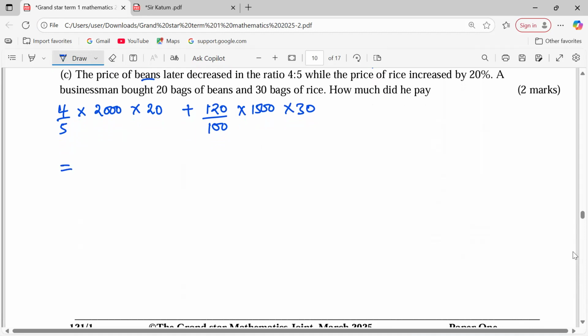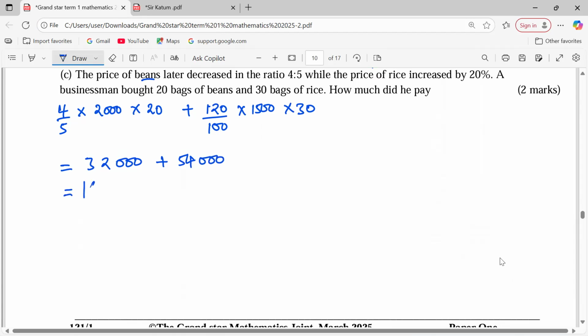This shall be 4/5. This multiplies to 1,000. Then 20 bags. This is 32,000. Then we add 120% times 1500 times 30. This gives us 54,000.